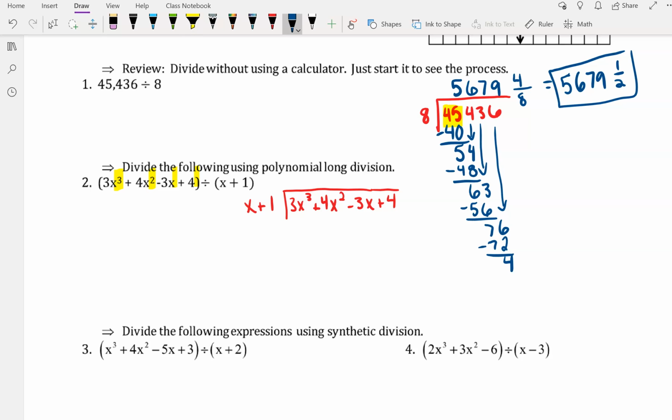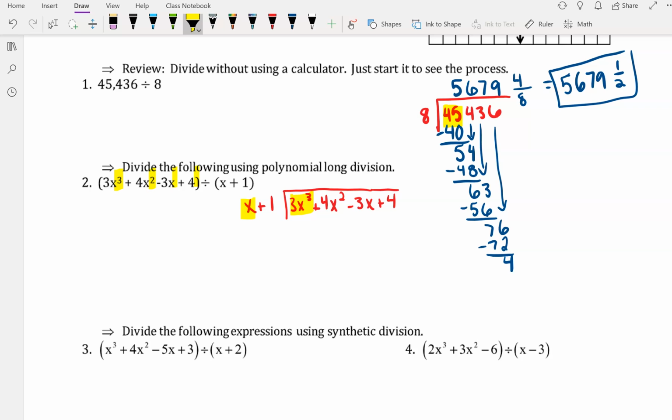All right, now we do the same process. We see how many times this goes into these first two terms. But really, I don't look at both terms. I just look at the first term of the divisor and see how many times it goes into the first term of the polynomial.